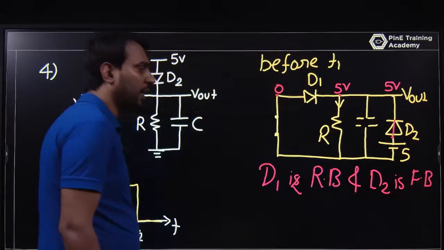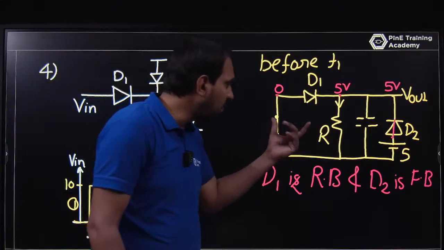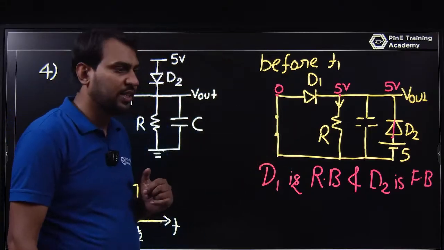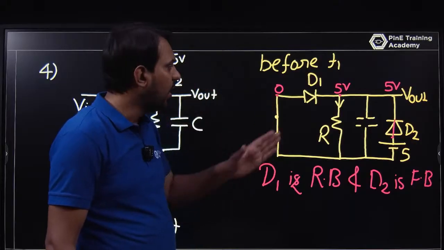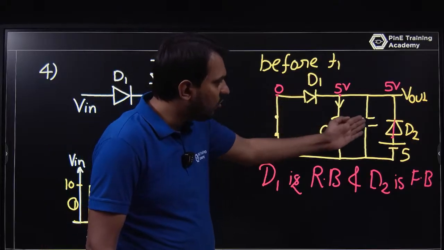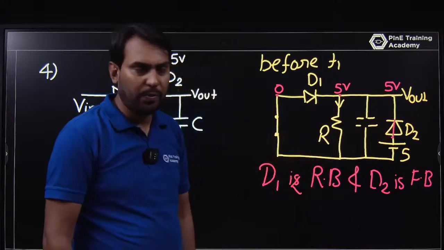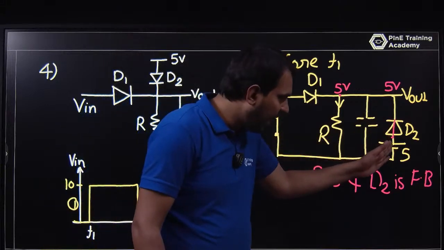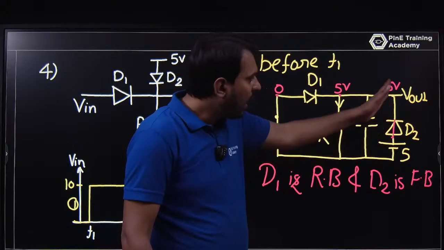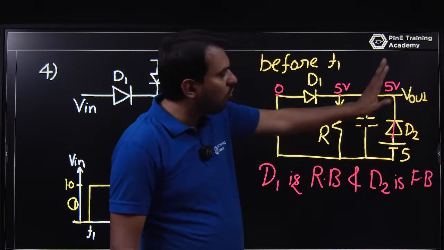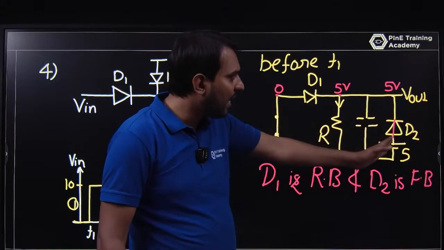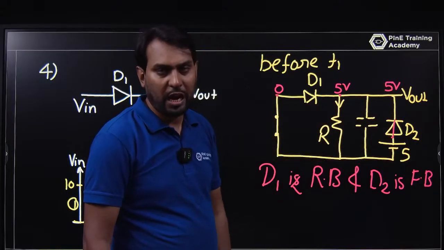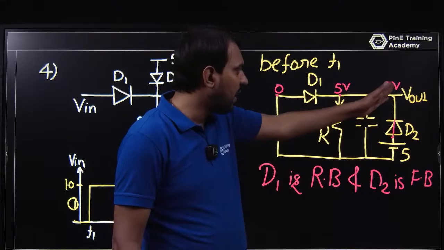Please check it. What I am saying is that before T1 the input voltage is 0, so this is a short circuit. You have D1, a resistor, a capacitor, and a diode. If you look at this 5 volt, there is no external voltage, so D2 will be forward biased, and if it is forward biased and the diode is ideal, V out is 5 volt, and this is 5 volt.